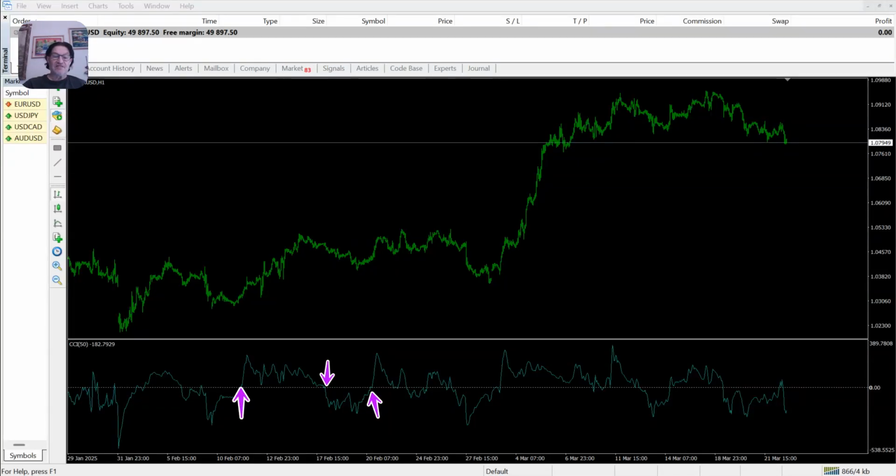Now, this is the 1 hour chart, and the 1 hour chart does have a few false signals that are too close together. They're not necessarily false, but they're too close together. A prime example is right here. Okay, that's a good one. Here is another one.